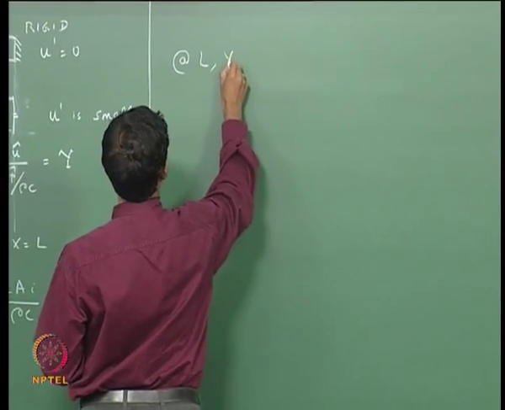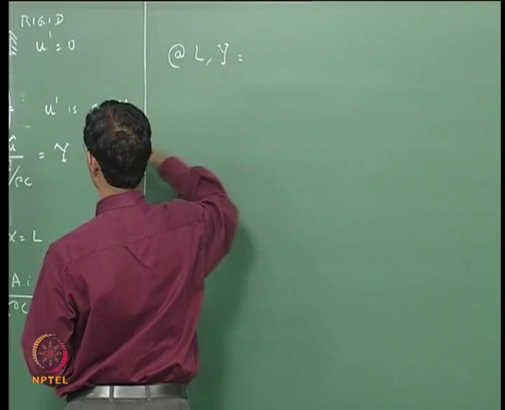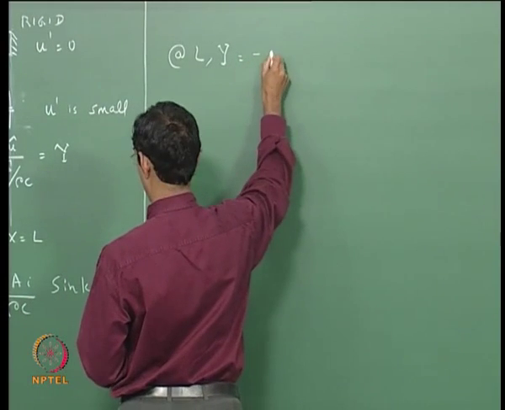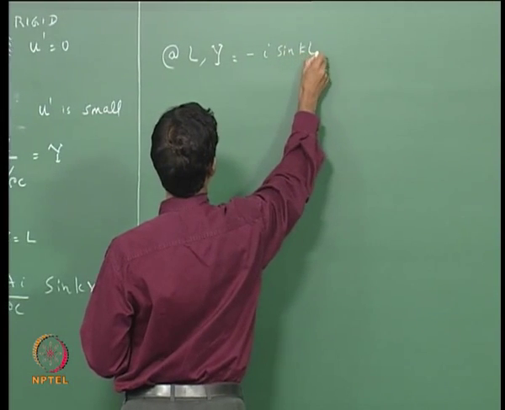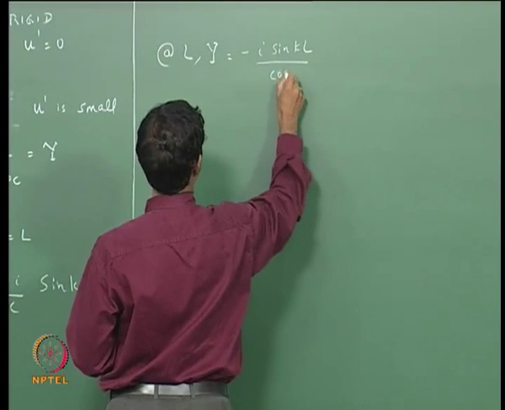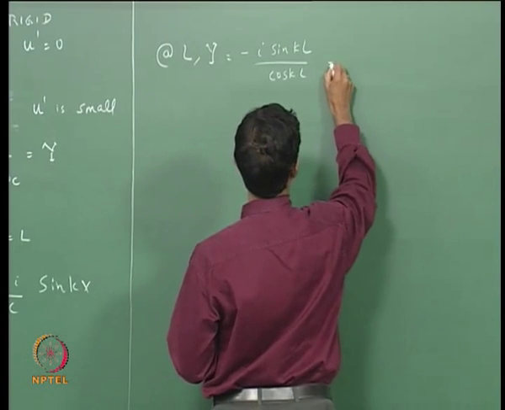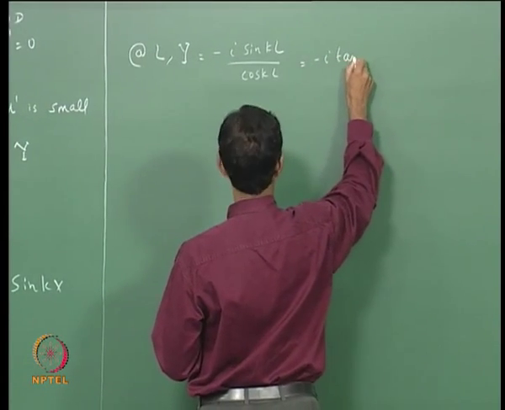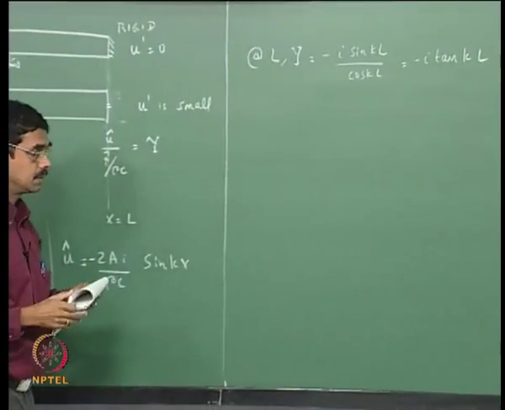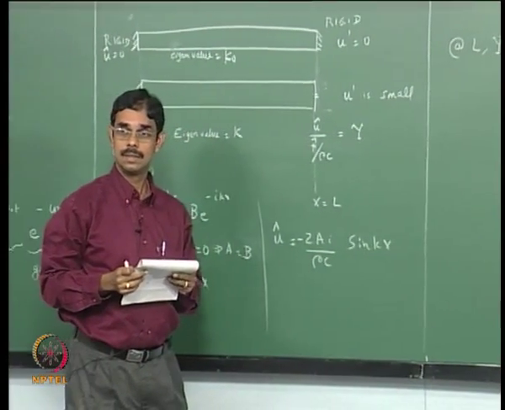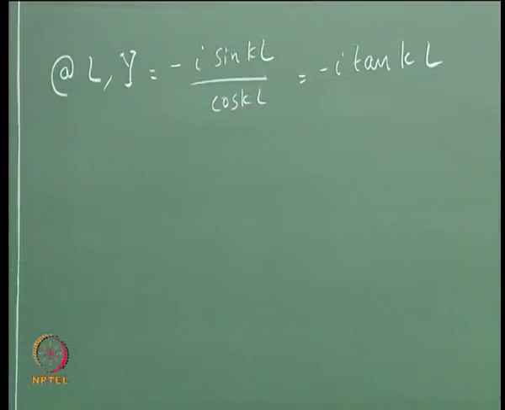At L, script y, that is admittance, equal to minus i sin kL divided by cos kL, equal to minus i tan kL. Okay. So y, the non-dimensional admittance, consists of real and imaginary part, and we will try to separate out the real and imaginary part.